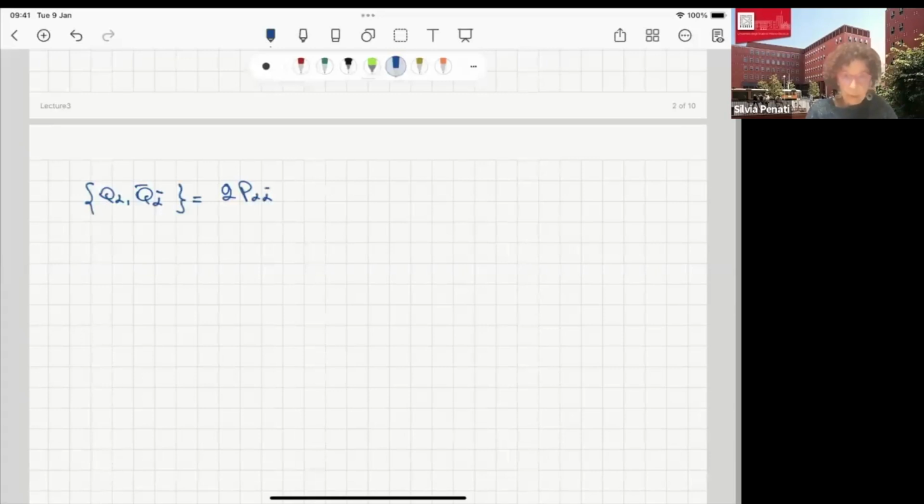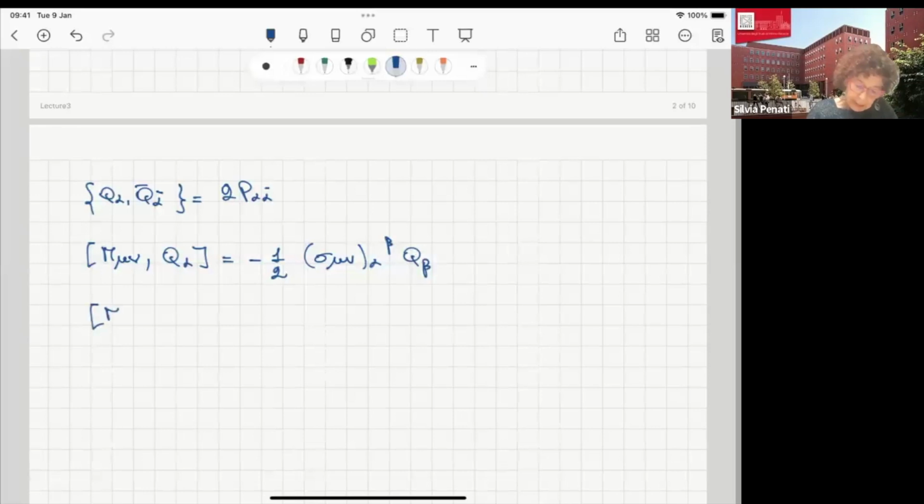As I said, the Q and Q bar transform under Lorentz, which means that when I consider the commutator of the generic Lorentz generator M mu nu acting on Q alpha, this is equal to minus 1/2 sigma mu nu alpha beta Q beta.